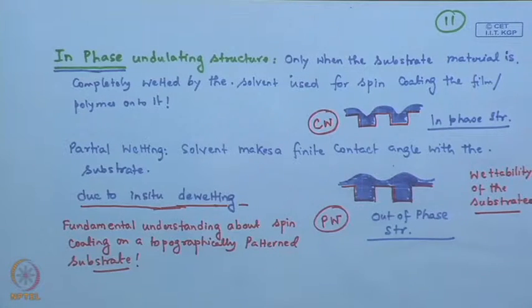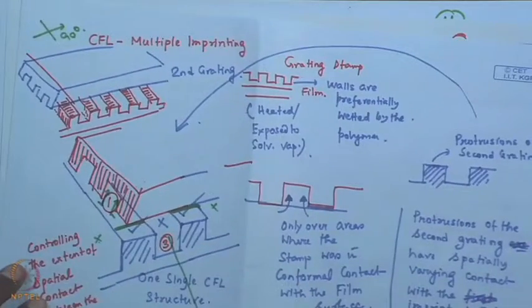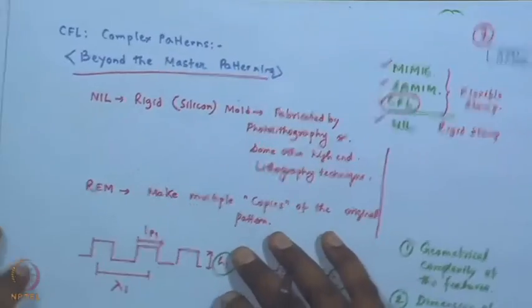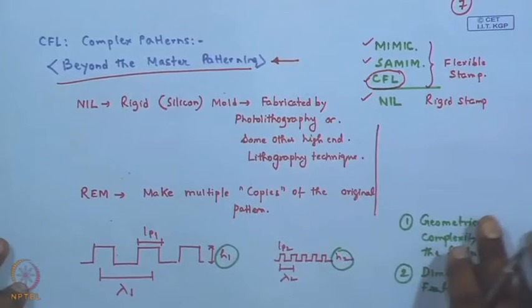And in addition to that, last couple of examples we have already shown that it indeed becomes possible to achieve beyond the master patterning or implement beyond the master patterning concepts.